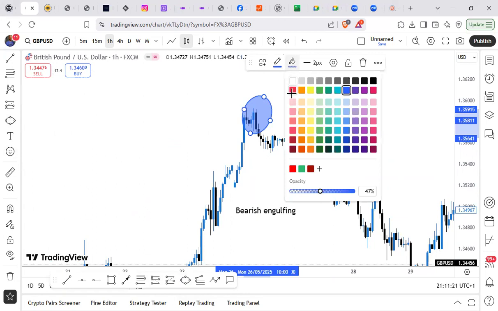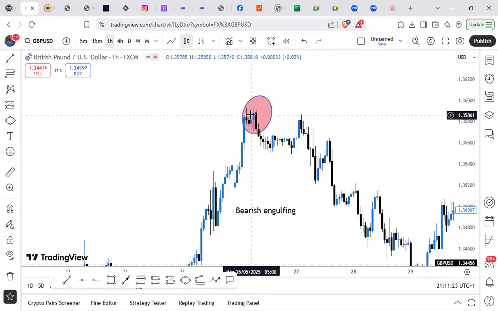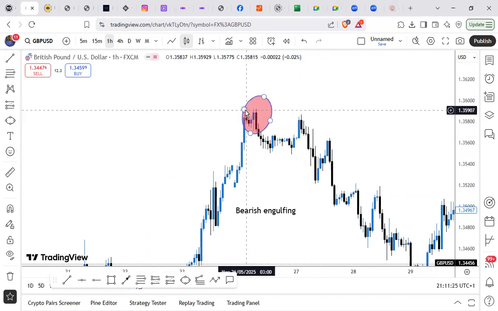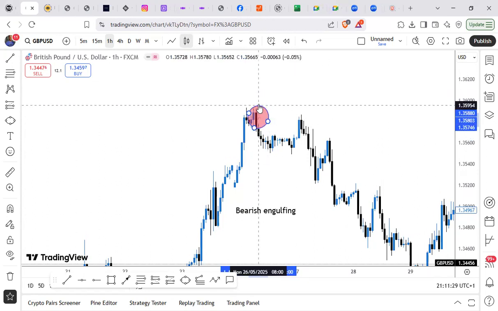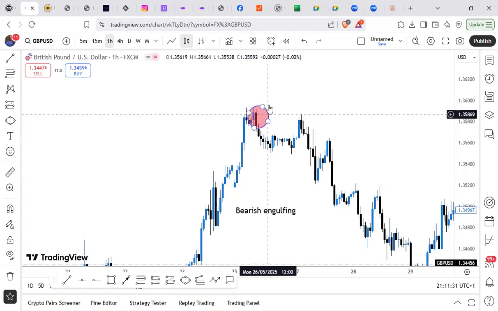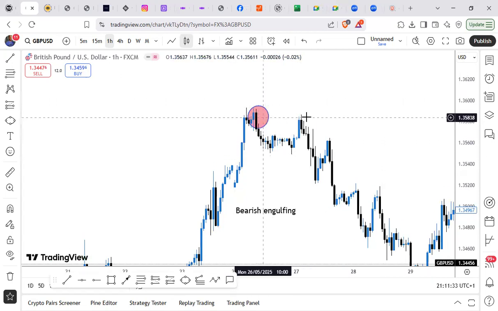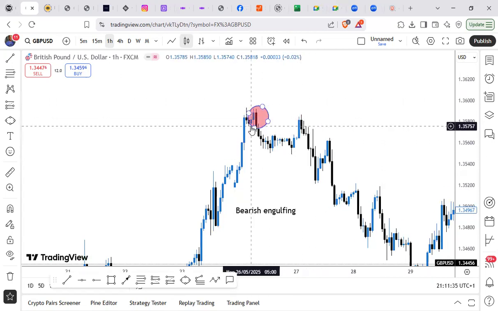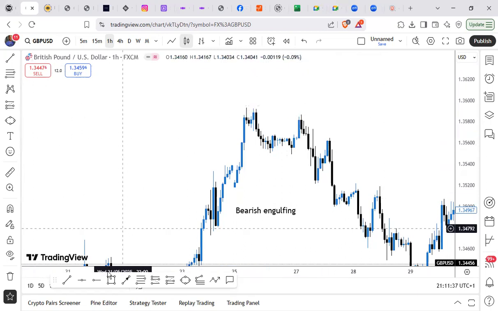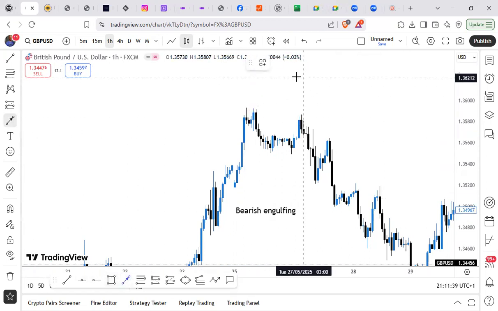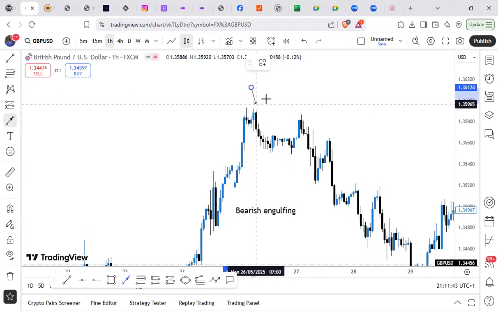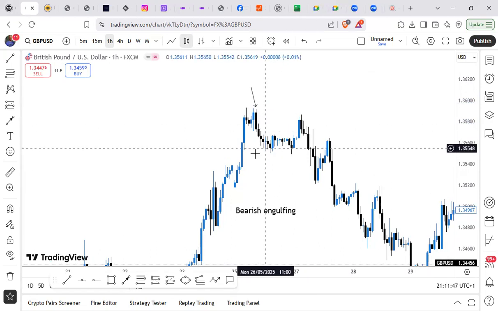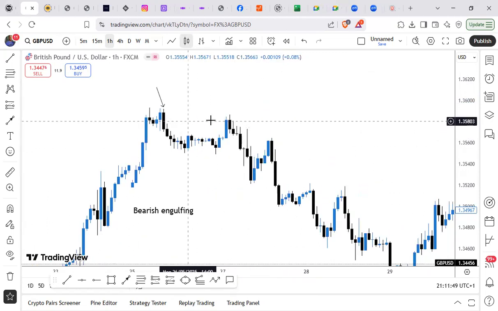Let me change it. Inside this red circle, can you guys see it? Inside this red circle, you are going to see a blue candle and a black candle.